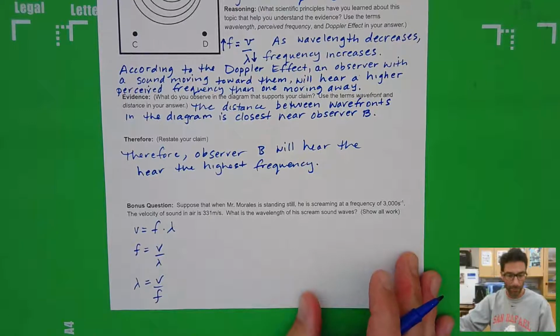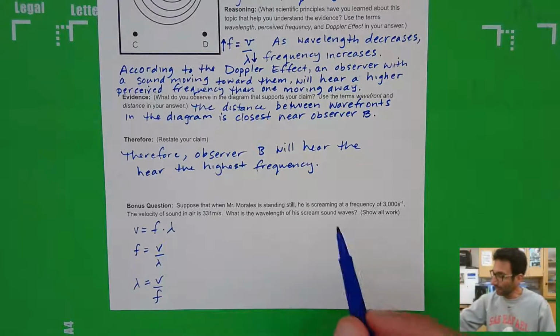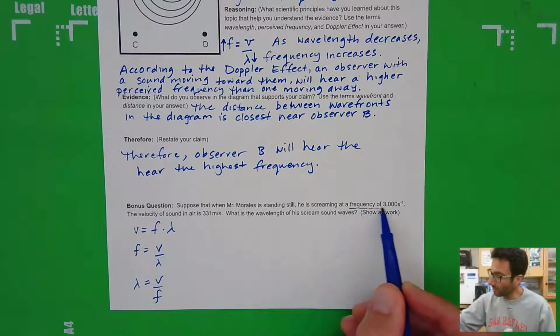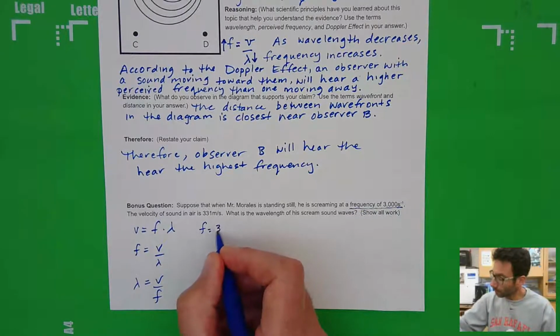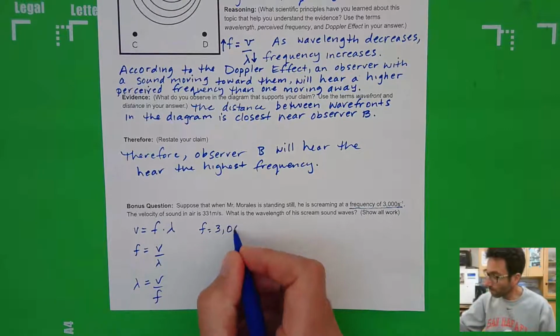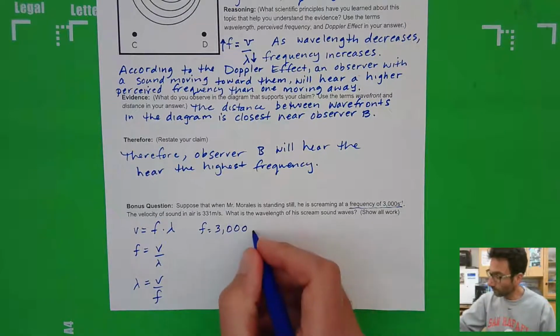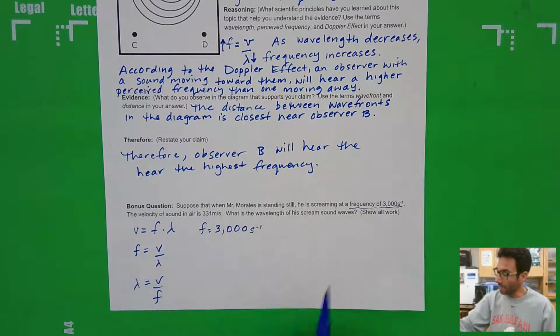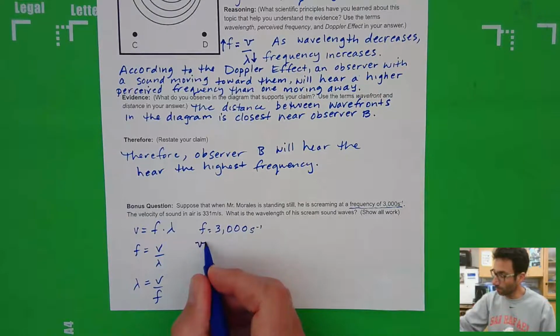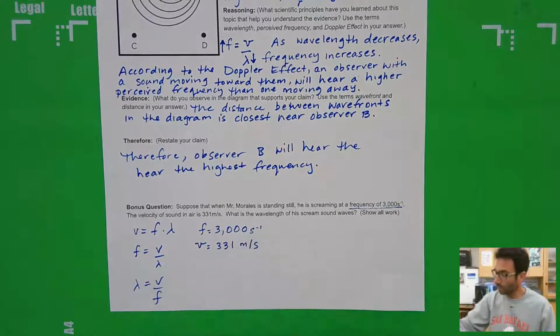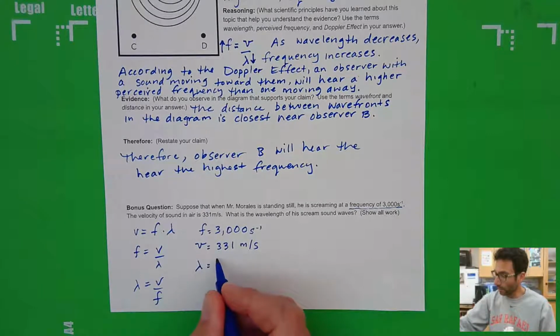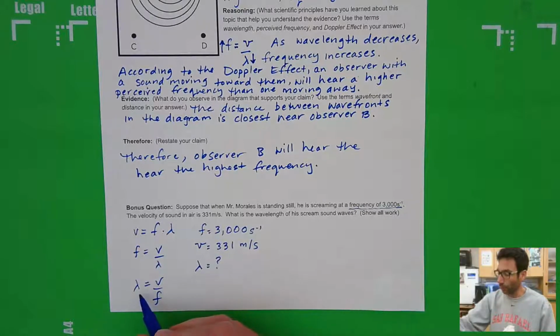Three ways of saying the same thing. What am I being given in this? I'm being given the frequency, and I'm being given the velocity. So what am I being asked for? I'm being asked for the wavelength. So let me look for the equation that is going to solve for wavelength, and that's the third one.